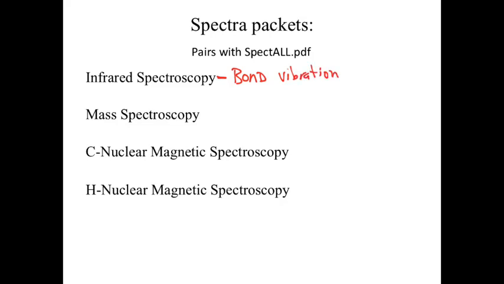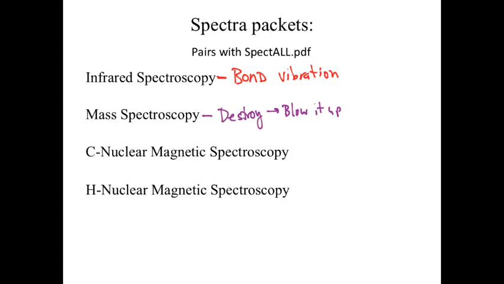Then we've got mass spec, which is a new one, and in mass spectroscopy we effectively destroy the molecule. By destroy, I mean we effectively blow it up. We analyze all those individual pieces, and then we can put our compound back together from mass spec. So it's kind of an interesting method.